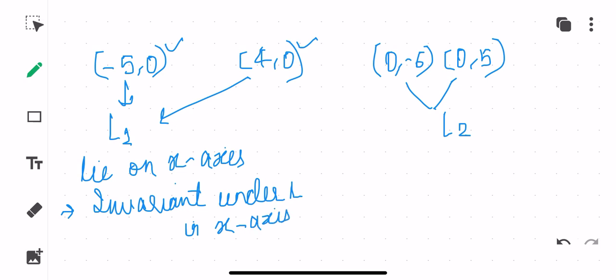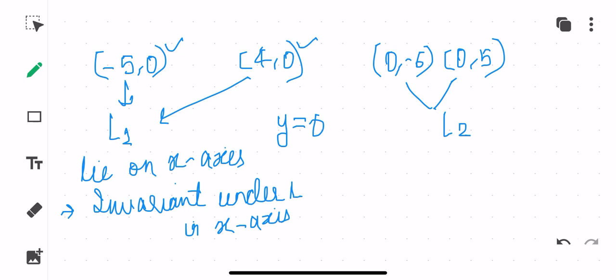So now these points are invariant. What will be the line L1? They are asking you to name line L1. So line L1 is the x-axis, whose equation is given by what, children? Easily you can see that the equation is y = 0.